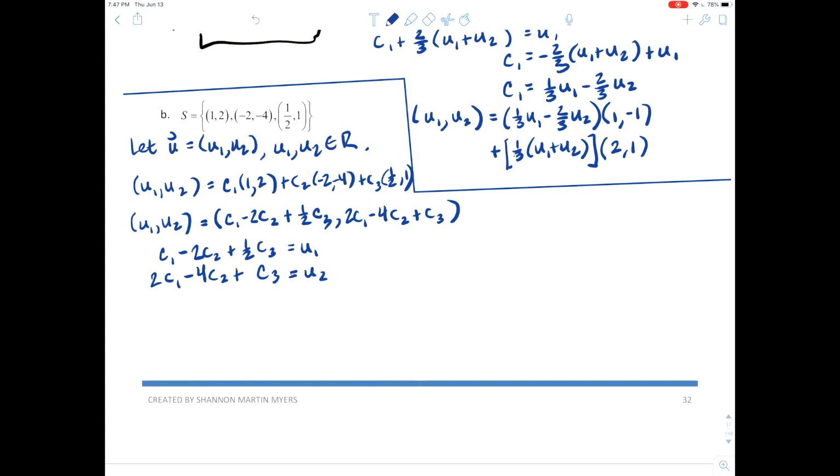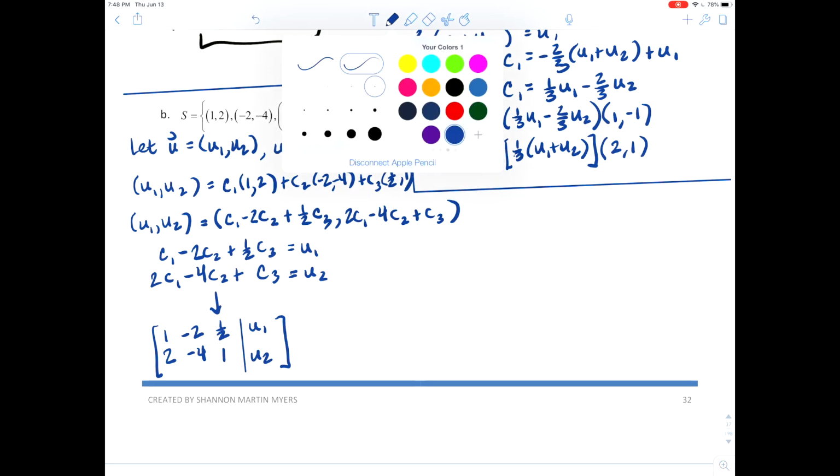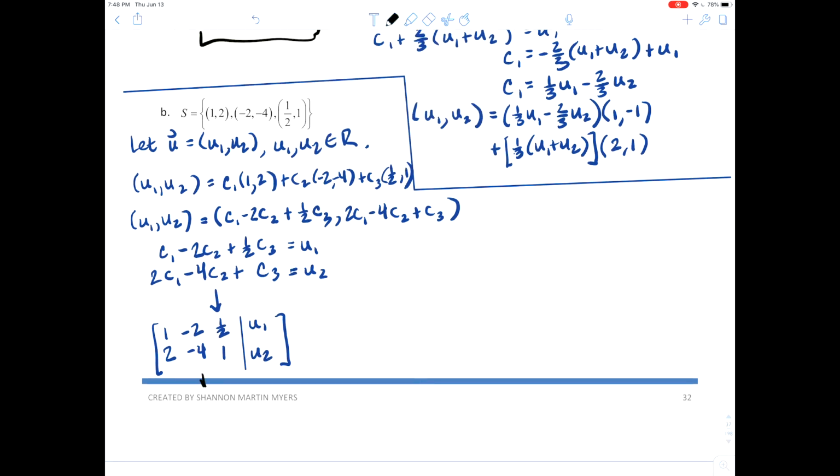This time we can do the matrix again. So this is equivalent to the matrix 1, -2, 1/2, U1, and 2, -4, 1, U2. And what would I need to do first? If I want to get rid of the 2 that's in the second row, first column, I want to make that 0.